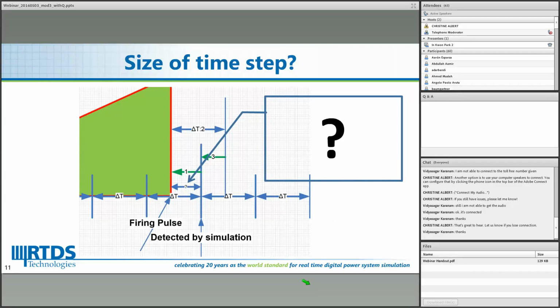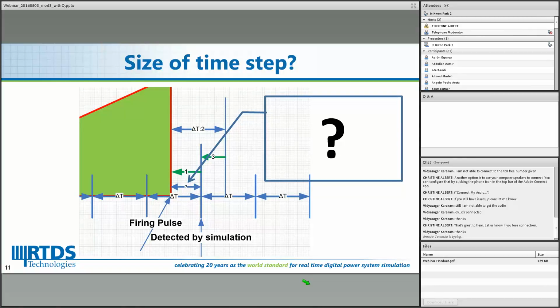The issue associated with such a slow switching system is how to capture that exact moment when the firing pulse comes into your simulation. In RTDS, we are using a technique named improved firing in order to capture that precise moment of the gating signal or firing pulse coming into the RTDS simulation.